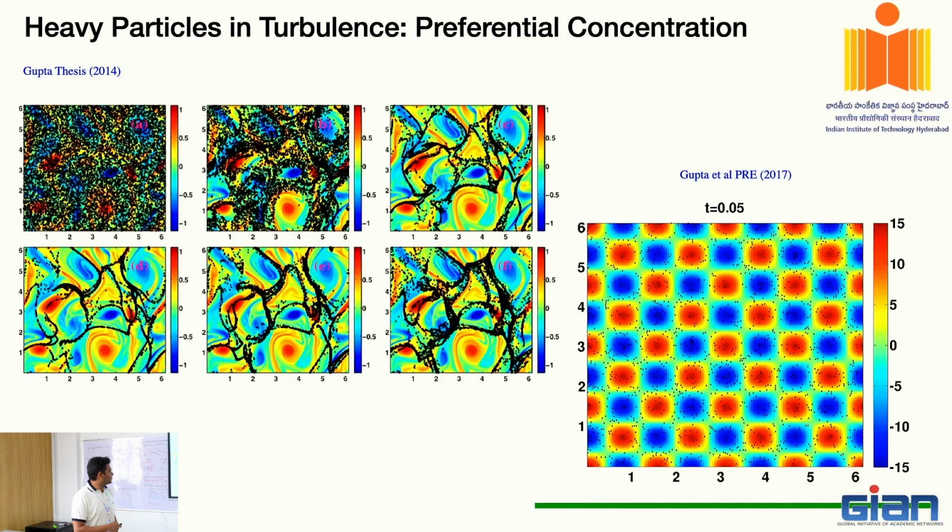So it will try to catch up, but by the time it reaches the regions which are strain dominated, the flow has already changed its structure. So you will see that they become independent of the flow topology. What is the flow topology at the current time, and what is the structure of these particles, is going to be independent of it. Okay, so this is how.